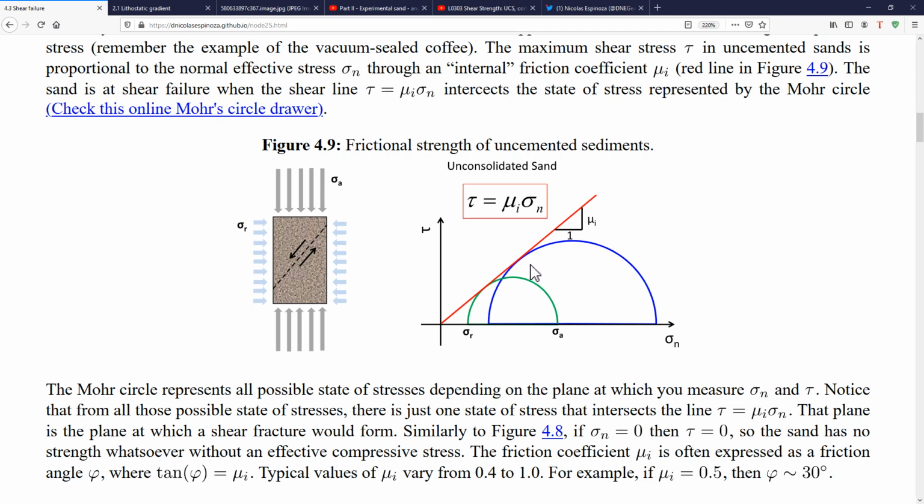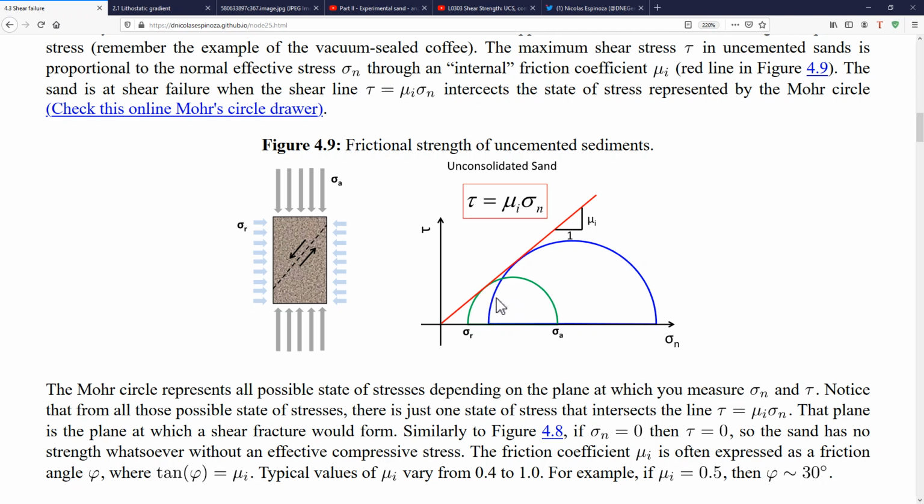All right, what this line is telling me is that if I have a given radial stress sigma r, the maximum axial stress I can apply on this uncemented sand is going to be limited by the shear failure line.